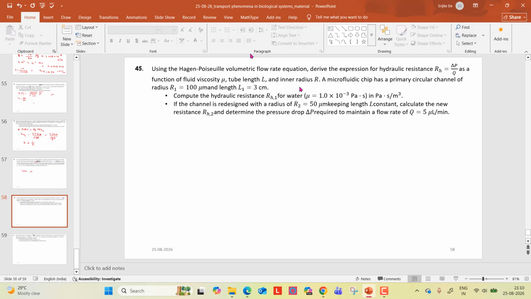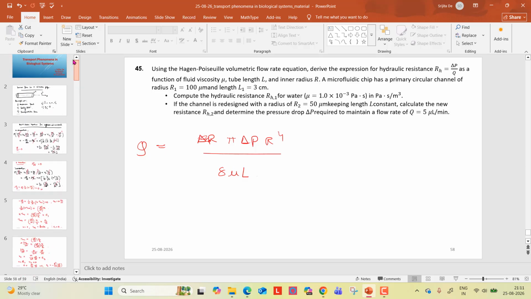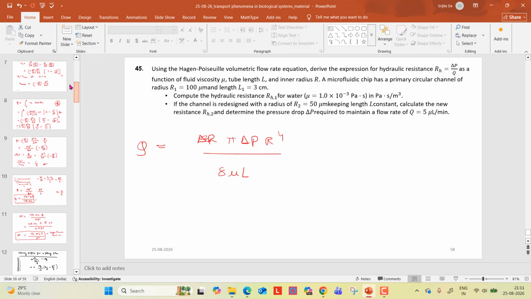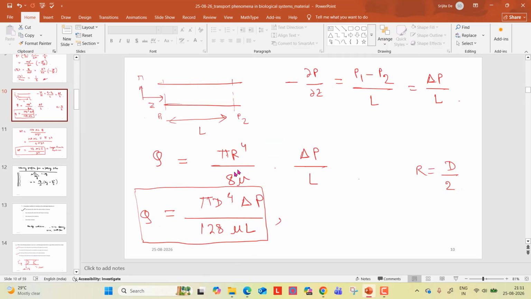So Hagen-Poiseuille equation, we know the formula, that is Q equals pi delta P r to the power 4 by 8 mu L. We had solved the Hagen-Poiseuille equation in the D form, this is the R form.